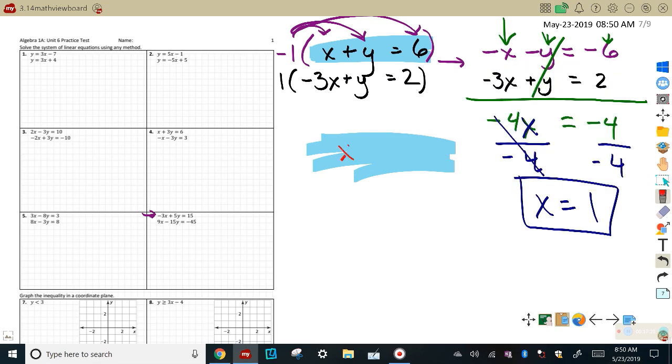Okay, x plus y equals 6, but now I know that x is equal to 1, so I'm going to plug that in. This is actually equal to 1 plus y equals 6.